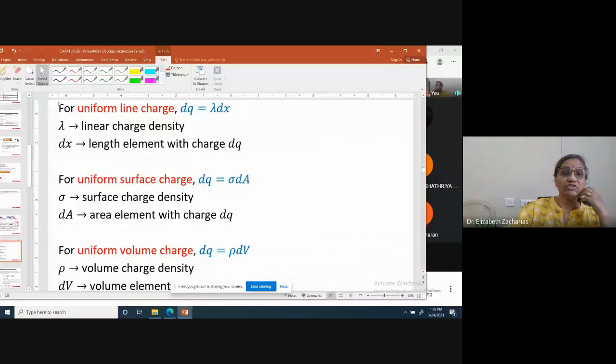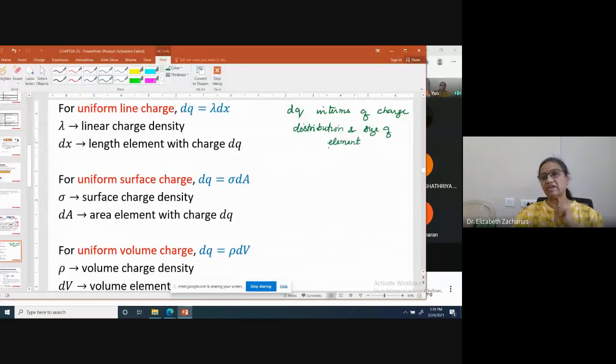I told you just a minute back, I said we will talk about dq in terms of, anyone remembers? In terms of charge distribution and size of the element, the size of the element that I am taking.